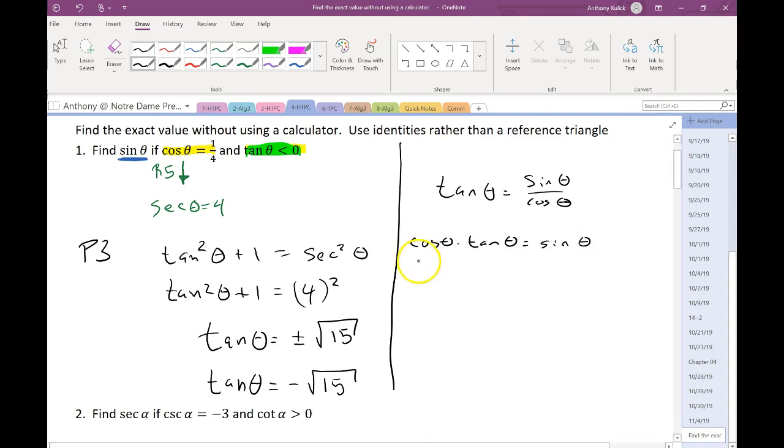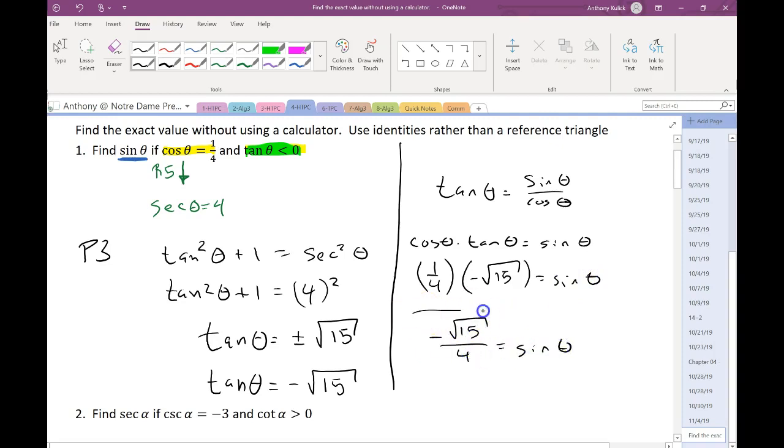And I know cosine of theta is 1/4. Tangent of theta is negative square root of 15. So I have negative square root 15 over 4 is equal to sine theta.